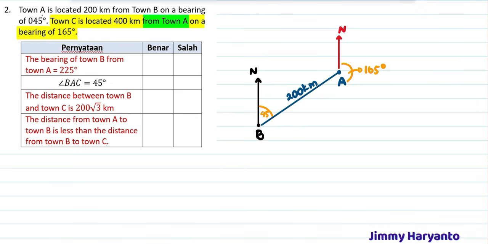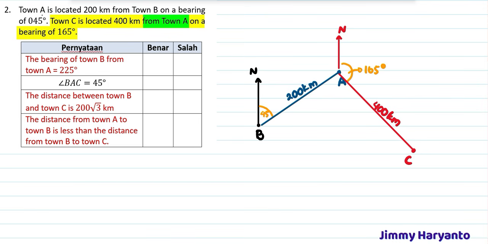And then we only have to create another line. This one is longer than before because it's 400 kilometers, and we'll have town C right here. So we have already drawn town A, town B, and town C.